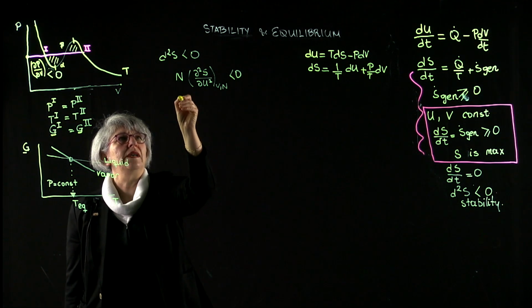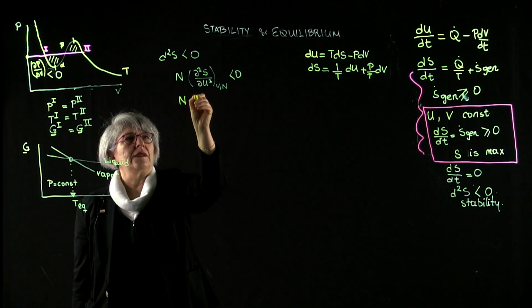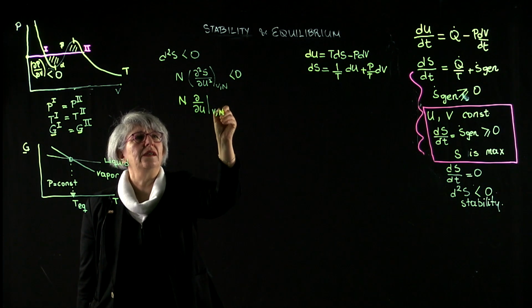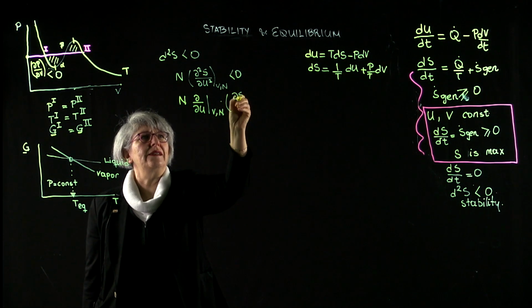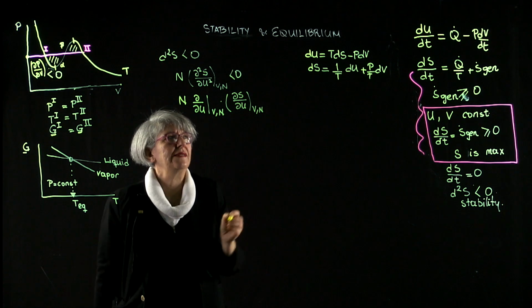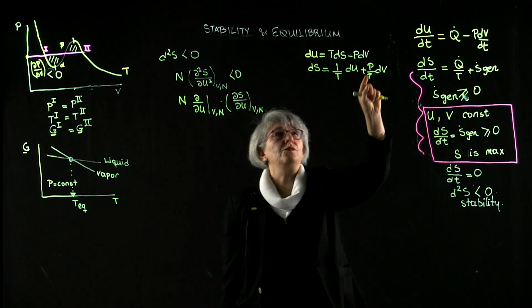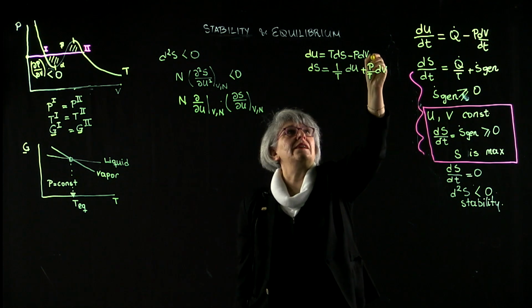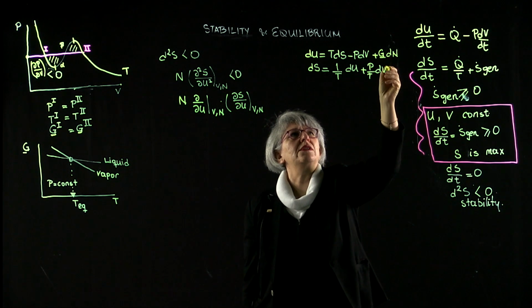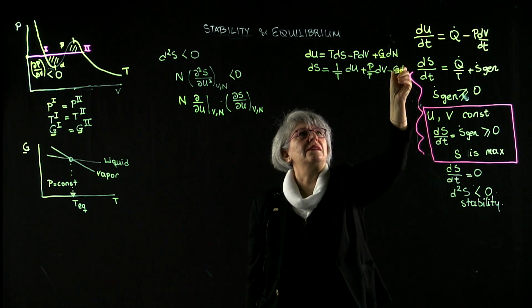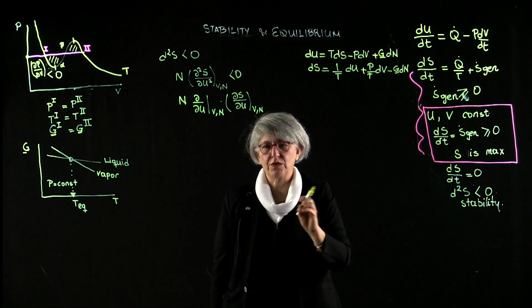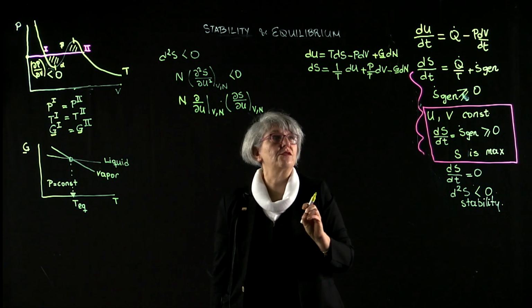This is going to be N times del over del U at constant V and N times del S over del U at constant V and N. Now let's see if a volume, and of course let's add minus G dN into these equations, just to establish the fact that number of moles are going to change between those two states of aggregation.